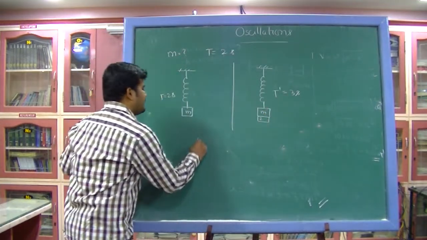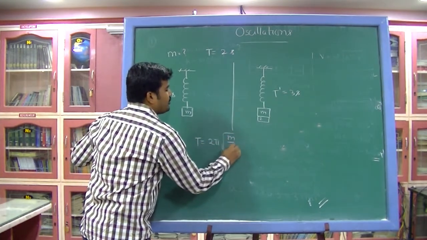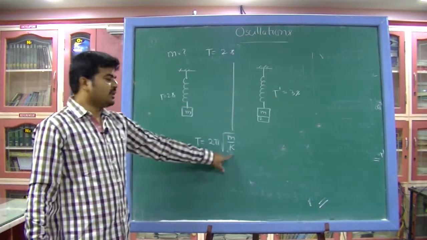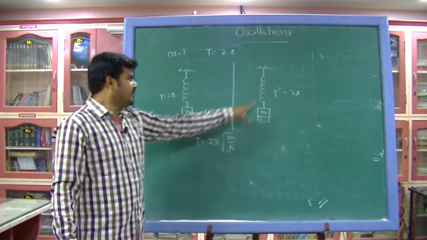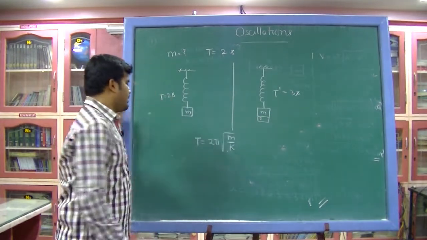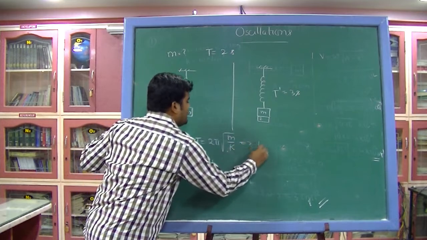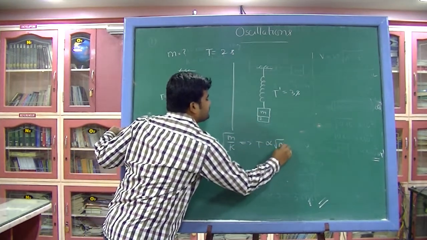So, now we know that time period is 2π root of m divided by k for spring mass system, where k is the spring constant. So, now if I take the final time period divided by initial time period, that means T dash divided by T, because here I can write T proportional to root m.